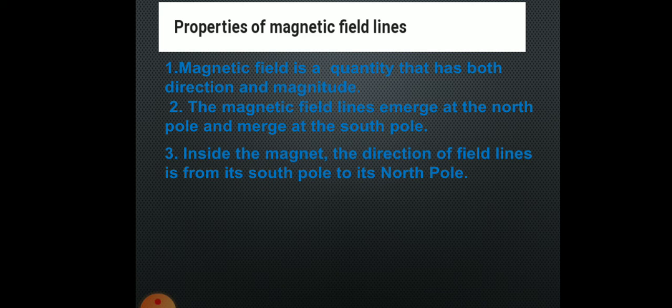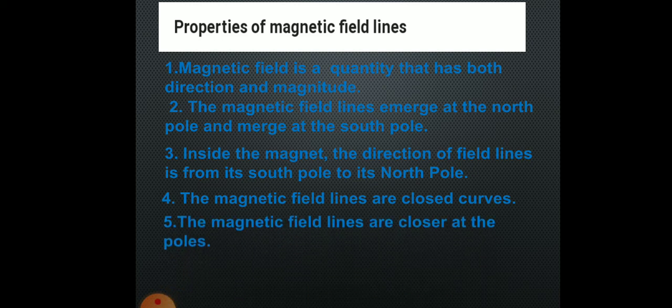Thus, we can say that magnetic field lines are closed curves. Outside it moves from north to south, inside it is from south to north. So it has become a closed curve, okay? So the third property: magnetic field lines are closed curves.